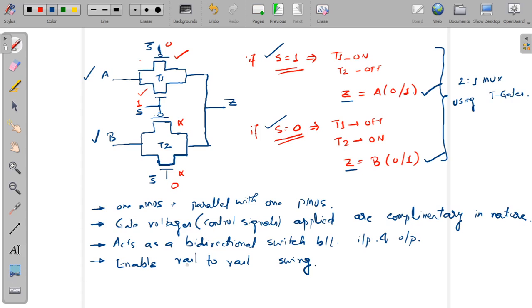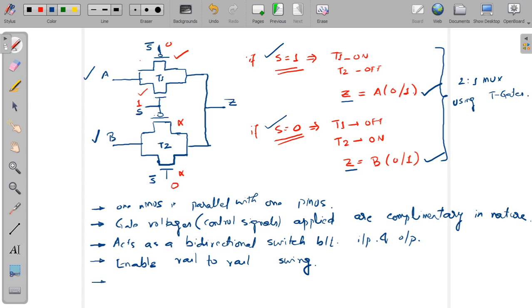Okay, rail to rail swing means the output will range between the highest and the lowest possible available voltage on the chip. Okay, so it will swing between the ground and the VDD basically. And it is particularly useful in implementing multiplexers.